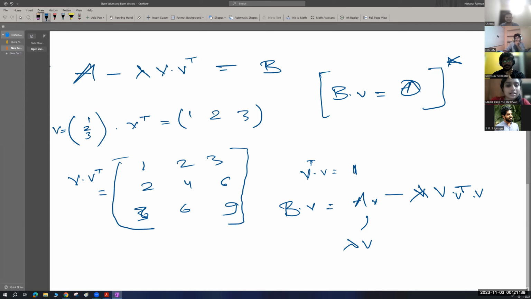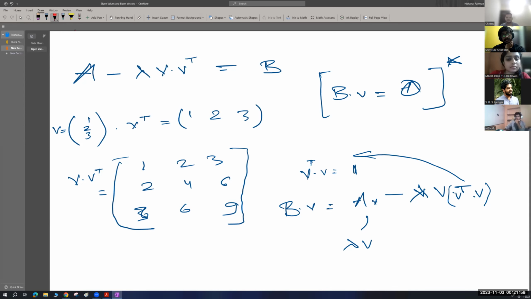I guess you're taking unit vectors. What happens to V transpose V? Are we taking unit vectors? Then V transpose V, the dot product, would be 1. Then it'd be 0. You're removing the eigenvector from that matrix, right? So when we remove that, it should be lambda V minus lambda V, right?